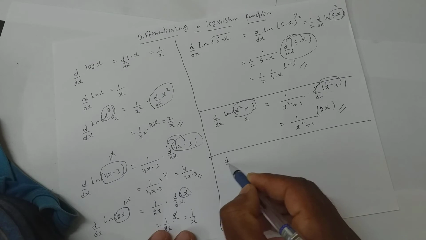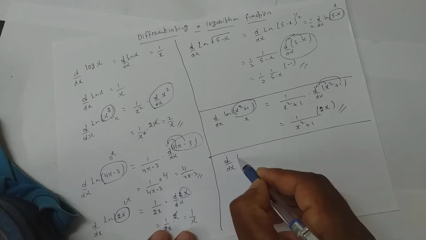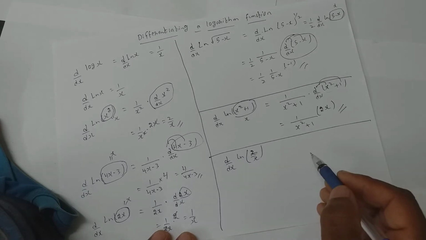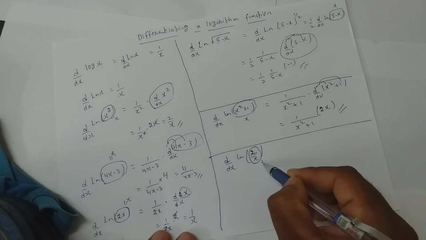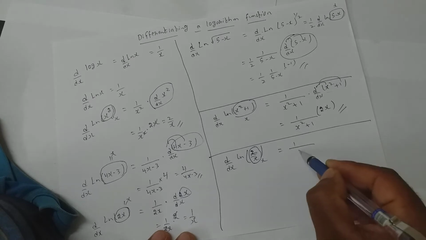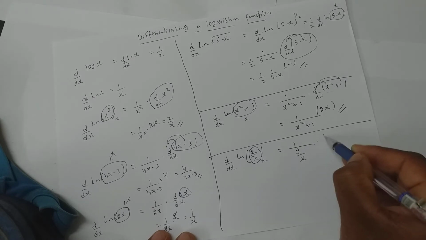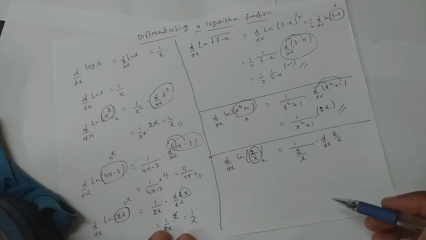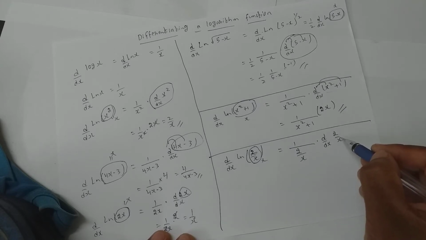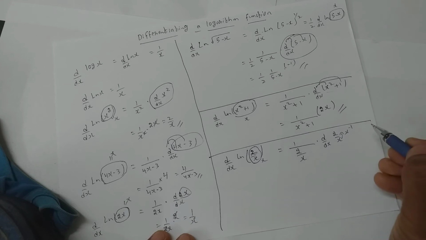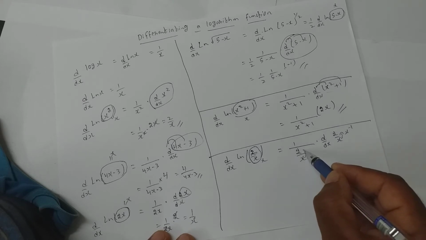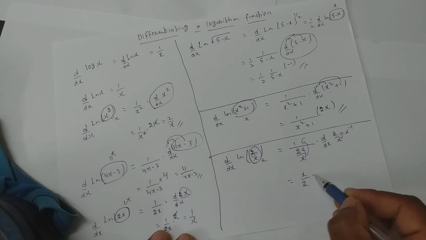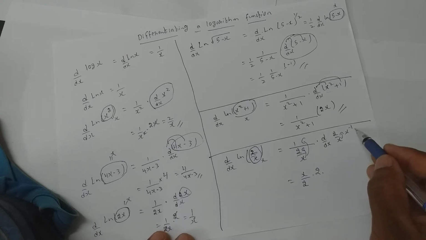Now if it is d by dx of ln of 2 by x, now you will assume it to be x. So ln x is 1 by x into your assumption 2 by x. Clear so far? You cannot differentiate this directly. This x will go up, becomes x power minus 1. So it becomes x by 2 into the differentiation of 2 x power minus 1.